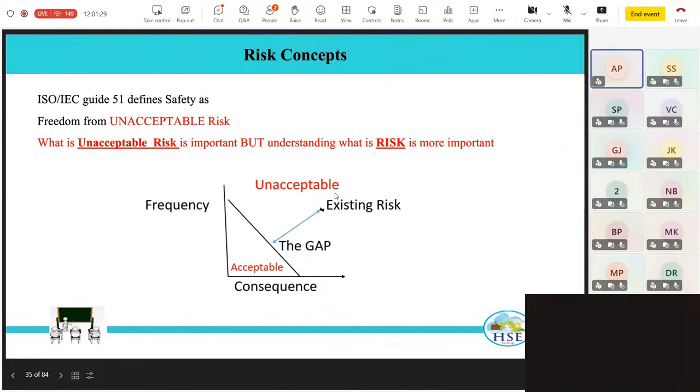ISO IEC Guide 51 defines safety as freedom from unacceptable risk. So a question may come to your mind once you hear this definition: what is unacceptable risk? That means there should be some risk which is acceptable.